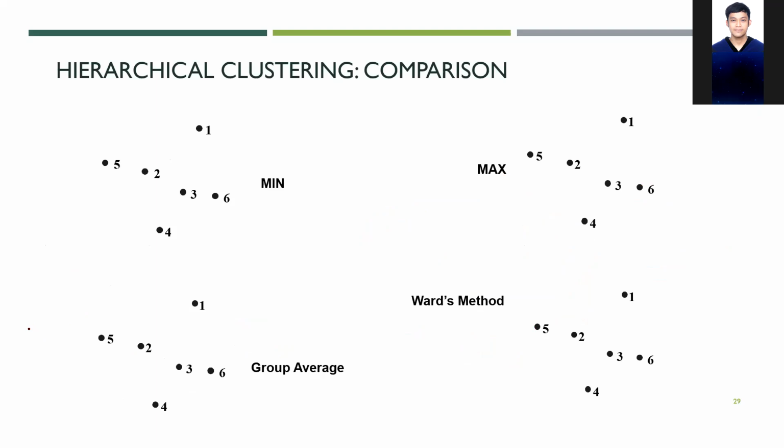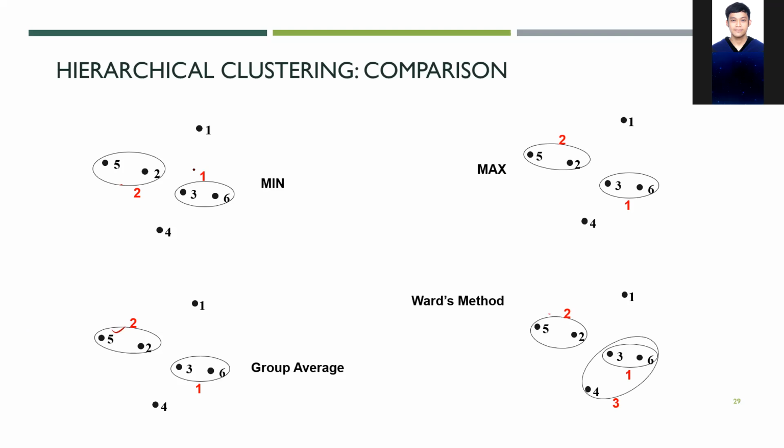There are 4 different proximity measures: maximum, minimum, and so on. The second step is still the same, and then the third step.